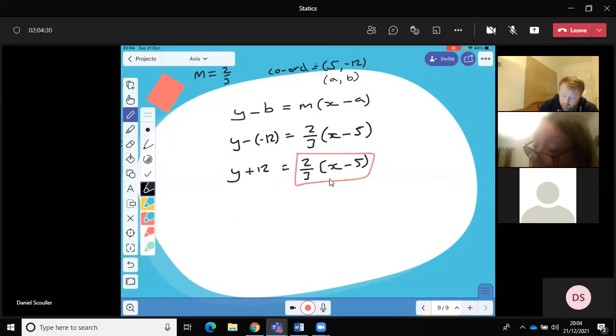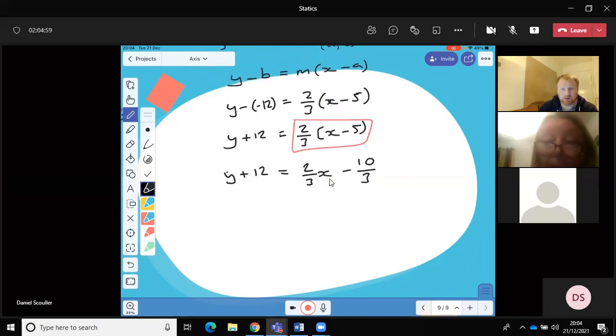So y plus 12 equals 2/3x. We're multiplying the first term, and then 2/3 multiplied by -5, which would just be -10/3. Multiplying a fraction is nice and easy, just multiplying the top line.